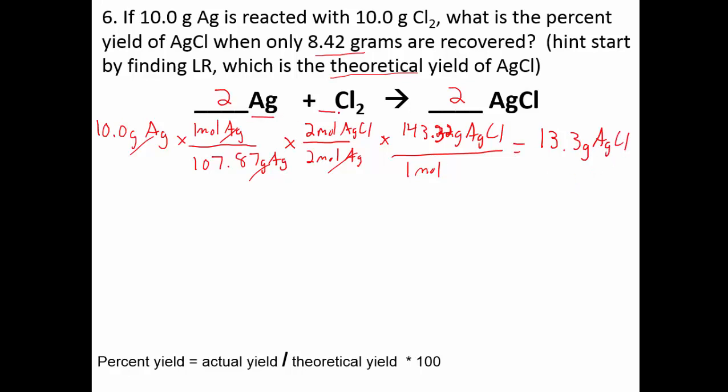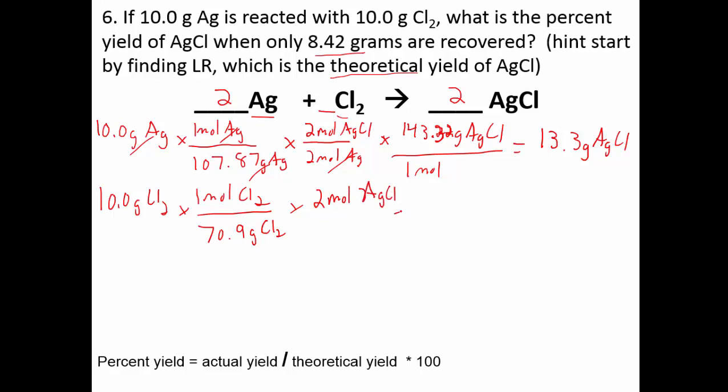The other part is how much chlorine. So if we have 10 grams of chlorine, Cl2, our first step, 1 mole of chlorine on the periodic table is going to be 70.9 grams of chlorine. Once we're in moles of chlorine, mole to mole ratio, 2 moles of silver chloride to 1 mole of chlorine.